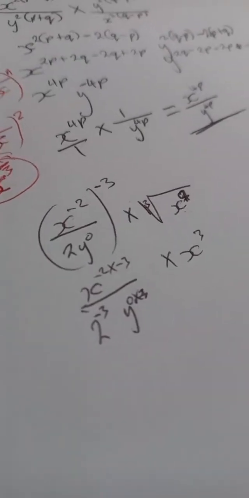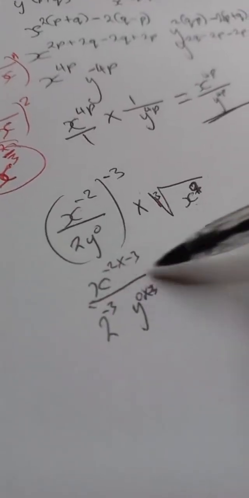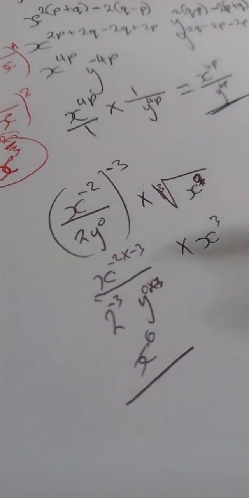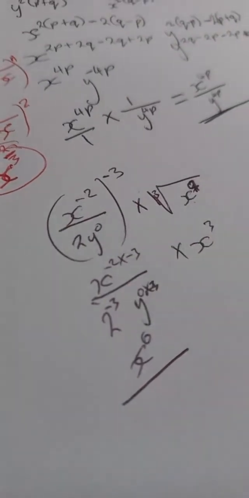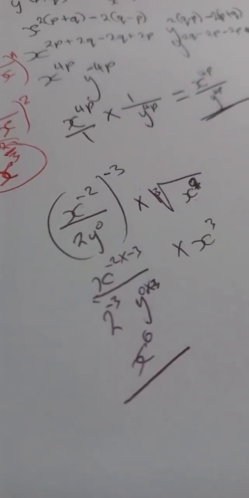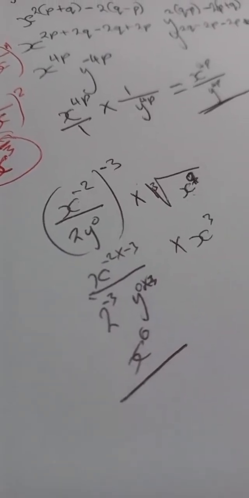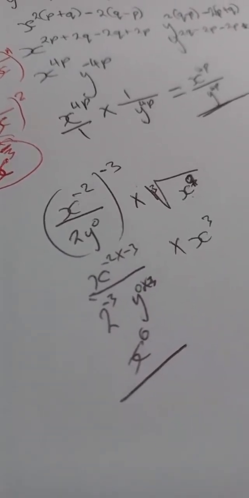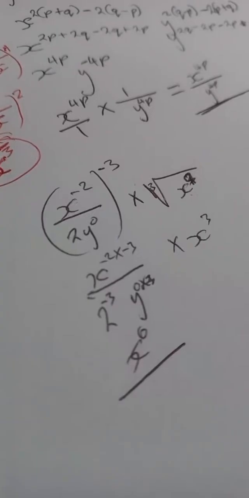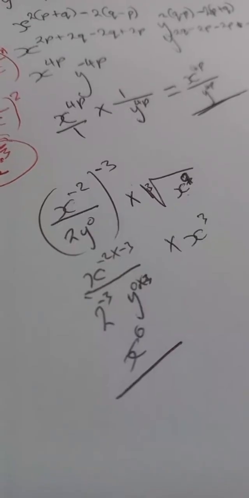Right? So, what are we saying now here? Remember here it's supposed to be 6x to the power 6 over 2 to the power of negative 3.